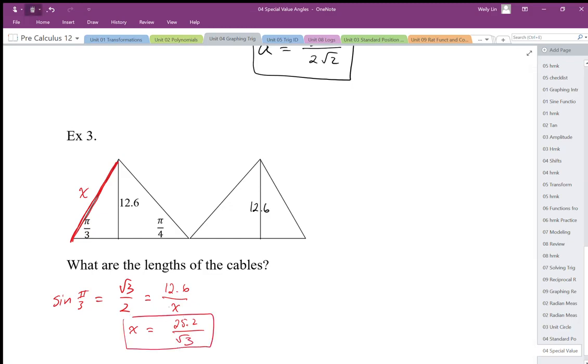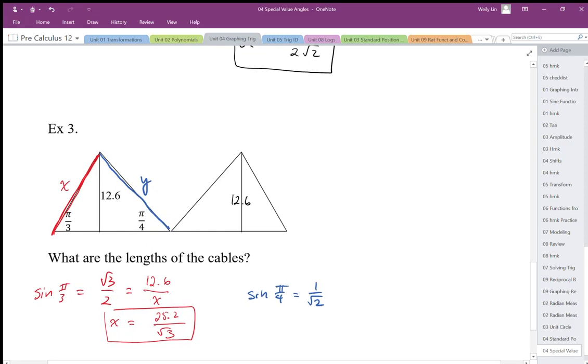I'm going to do the same for y, which I'm going to call this line here. We'll call that y, and we'll use the opposite over hypotenuse. So we're going to use sine again. This time we're going to use pi over 4 angle, opposite over hypotenuse in the 45-degree triangle is going to be 1 over root 2.